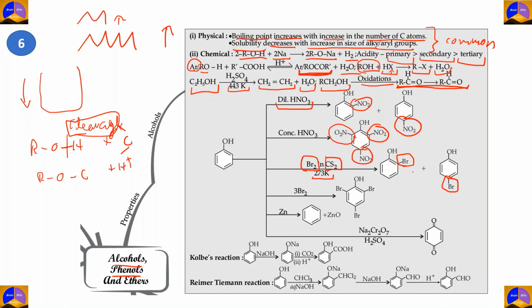The reason why most of them are ortho and para is that the OH functional group is an ortho and para directing group. So when a new substituent comes, it guides it to the ortho and para positions for maximum stability.